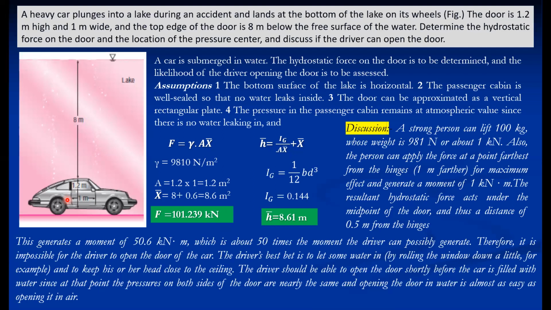So that is the maximum moment that person can generate, which is about 50 times the moment the driver can possibly generate. Therefore, it is impossible for the driver to open the door of this particular car because of the force required.